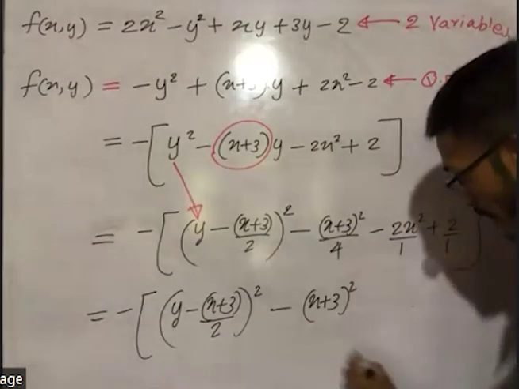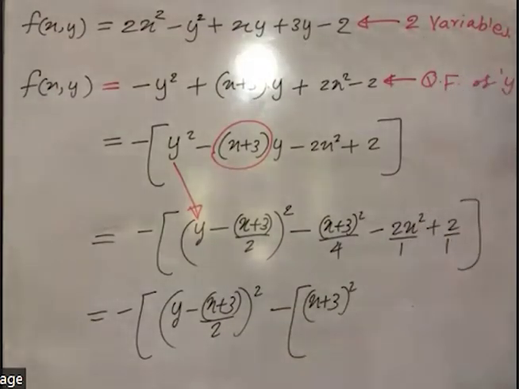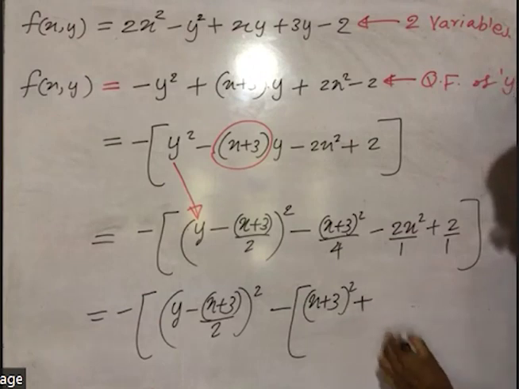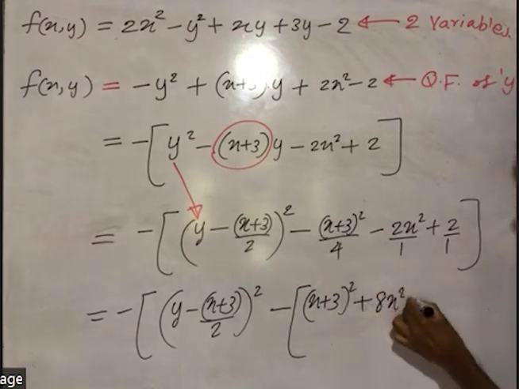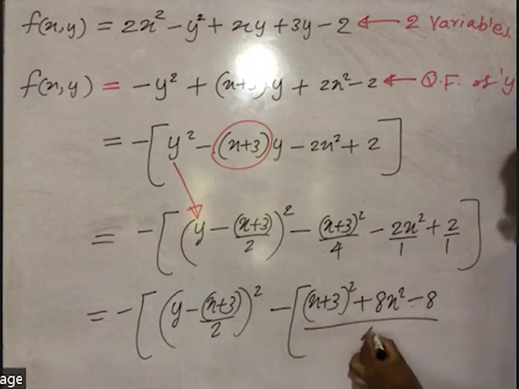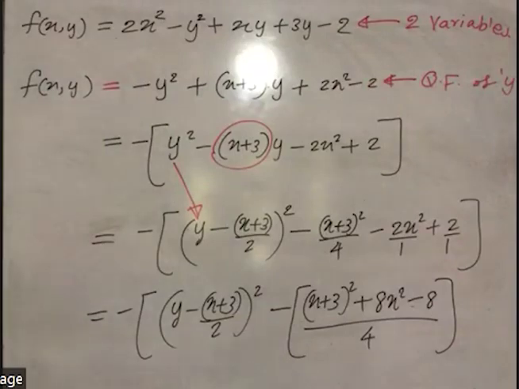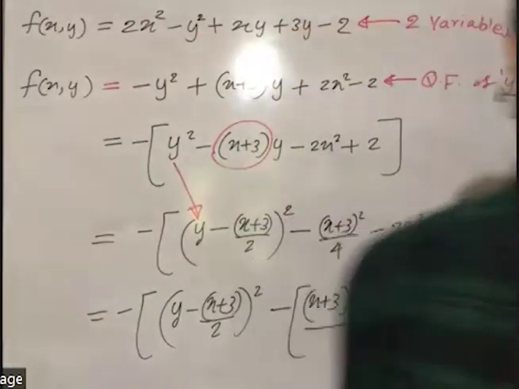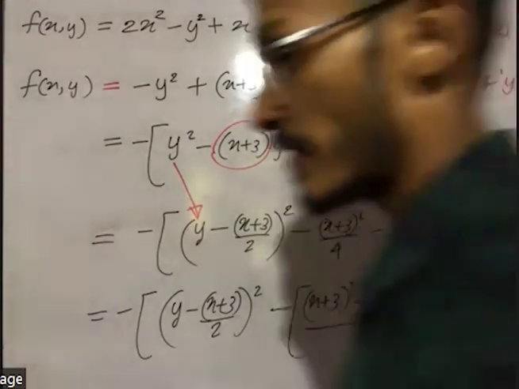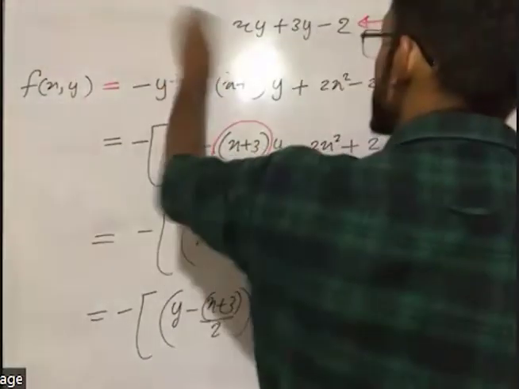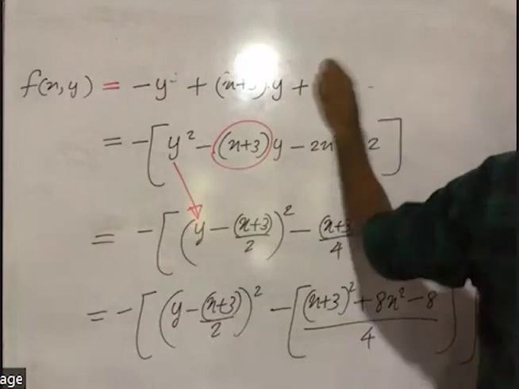If you take the common denominator, 4 is the common denominator, so multiplying by 4 gives 8x² over 4. Now we can simplify this. Now look at this.